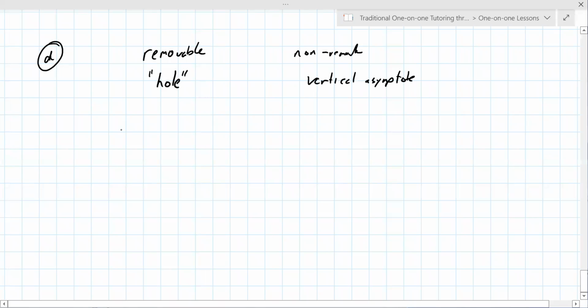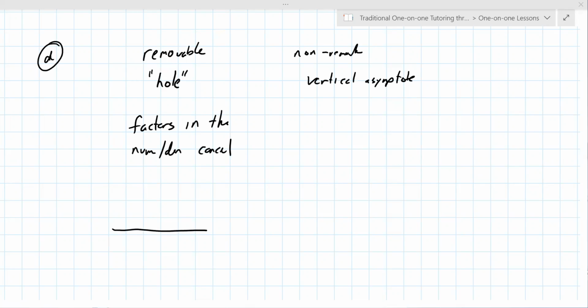All right, let's go. The hole occurs when the factors in the numerator and denominator cancel. That's why you had that factored form up above in this assignment, so that really helps here. Why did I bring that up?